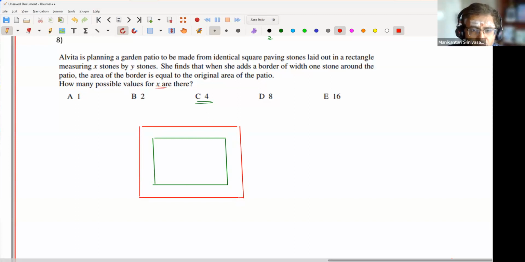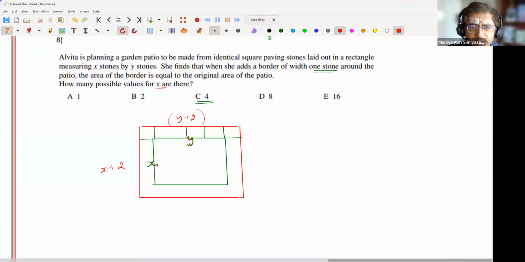Measuring x stones by y stones. So this is x and this is y. He hasn't given that anything is bigger than the other, right? So I'll just mark x and y the same color. And then this uniform width is 1 everywhere, of 1 stone, right? All of these stones are 1 by 1 like this, right? So this would be x plus 2, and this will be y plus 2.